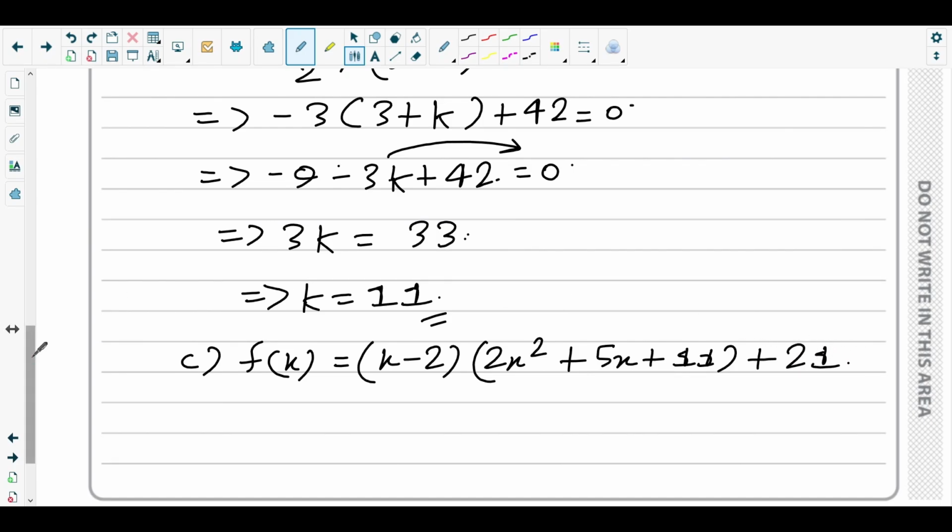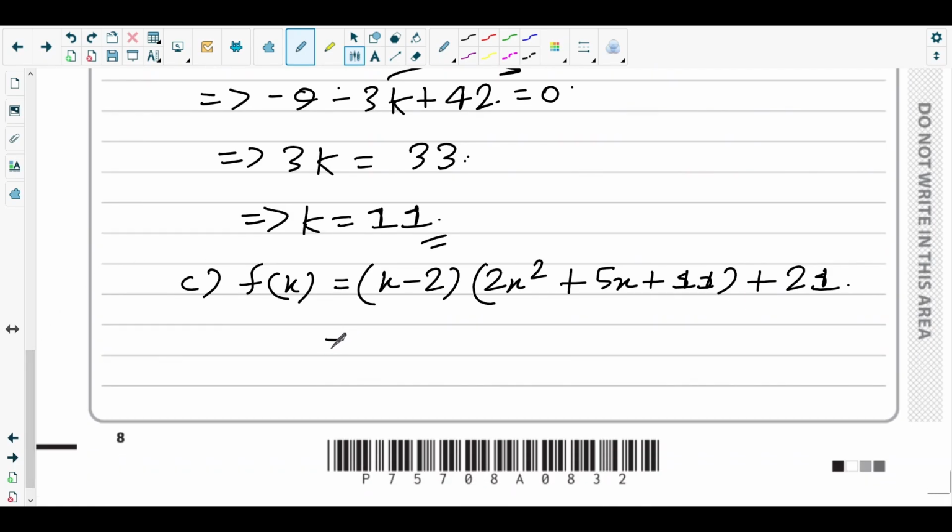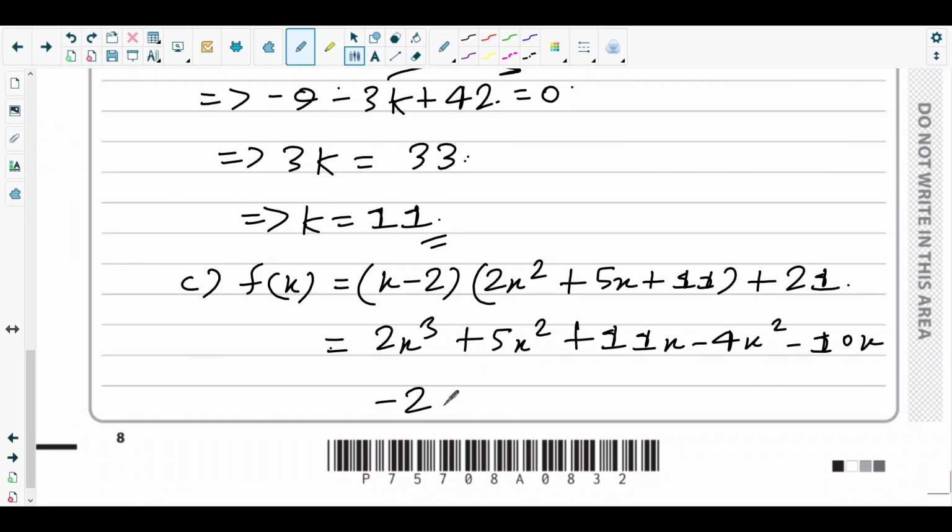In order to use algebraic long division, we need to expand it at first. So how can we expand it? You will get 2x³ + 5x² + 11x − 4x² − 10x − 22 + 21.